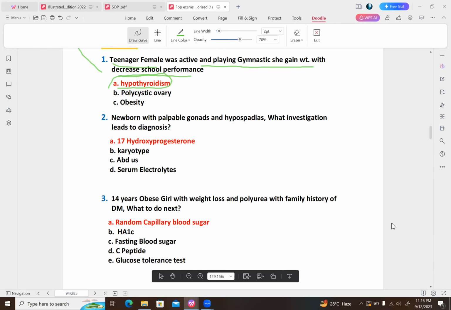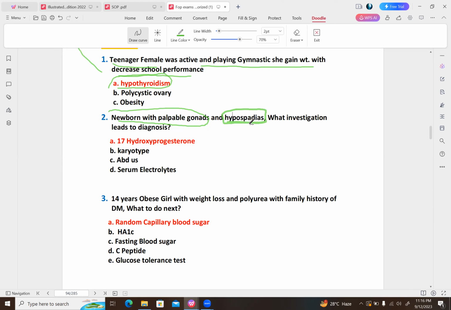Okay, this question, I just figured: palpable gonads. A newborn has palpable gonads but with hypospadias. So what I was thinking is that hypospadias may have some associations.